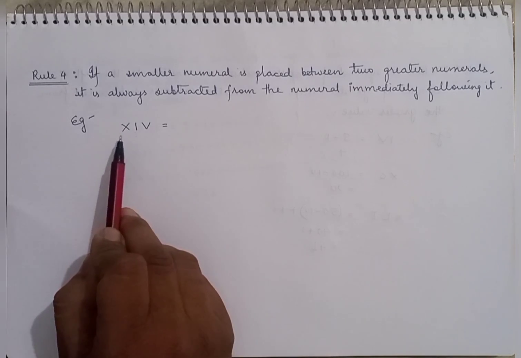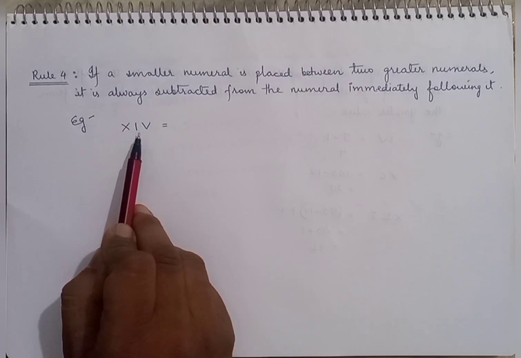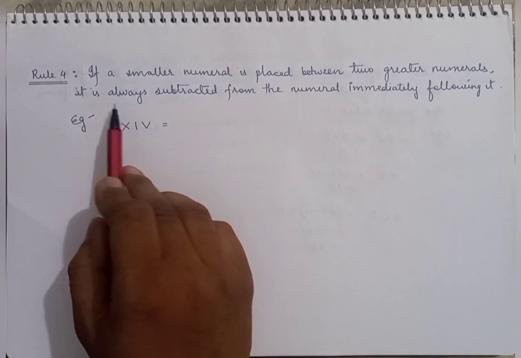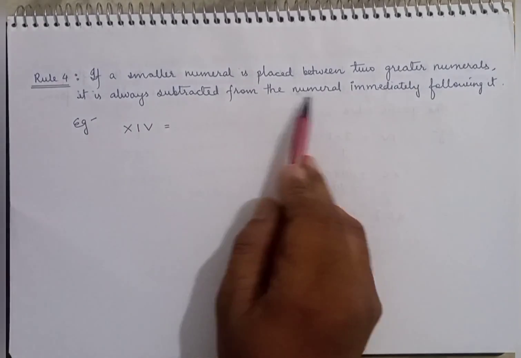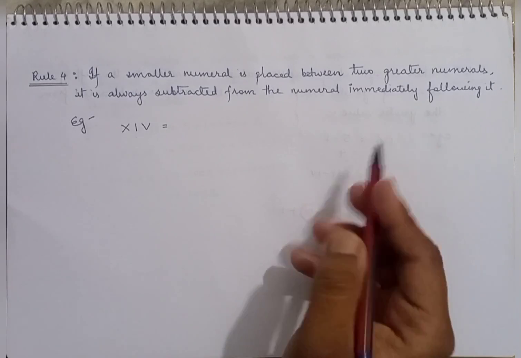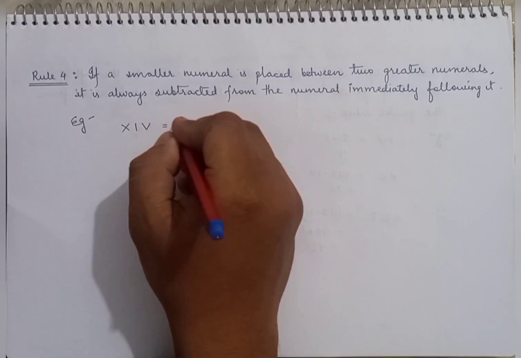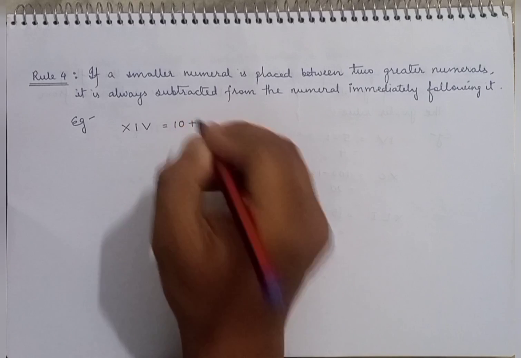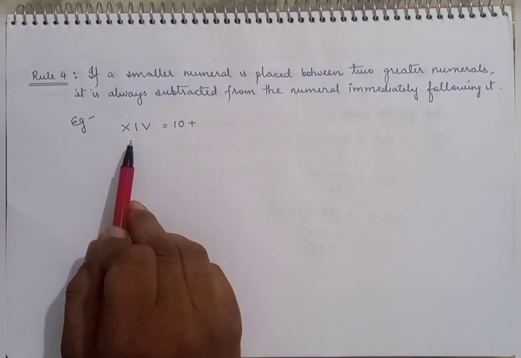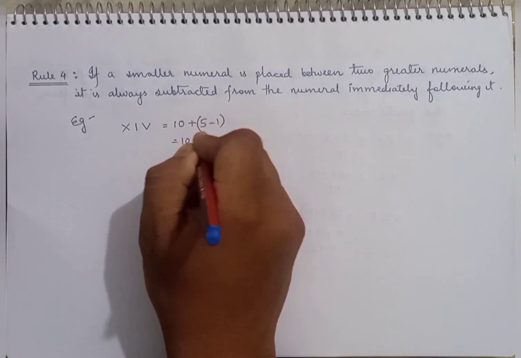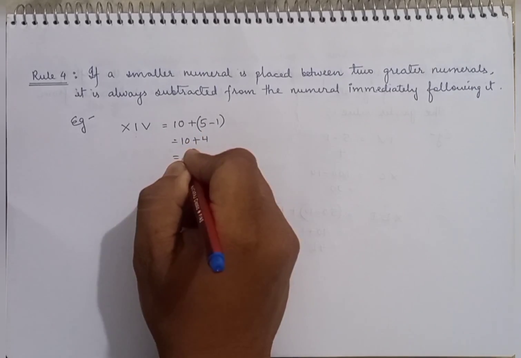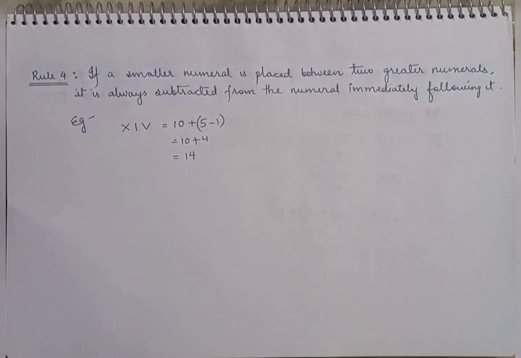So I is placed between X and V. If that happens, it is always subtracted from the numeral immediately following it. So the value of X is 10. So we'll write 10, and this will be subtracted from the numeral immediately following it. So this will be 5 minus 1. So 10 plus 4 will give us 14.